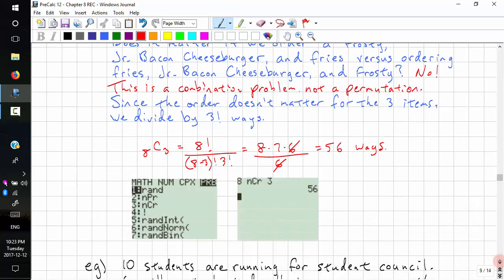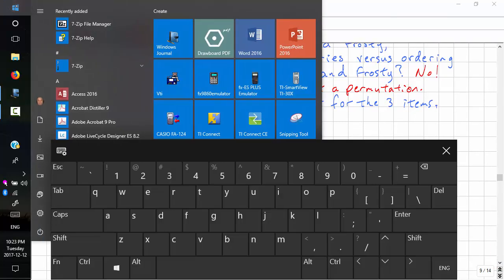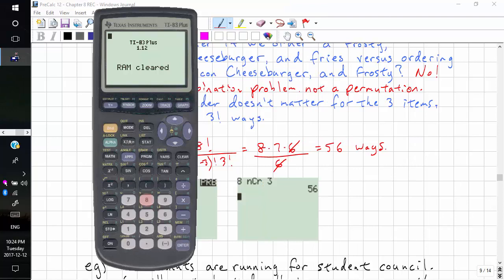However, we can use our calculator to do this too. And we go 8, and we go math, and probability, and number 3 is the combination, and we enter 3, and we got 56.